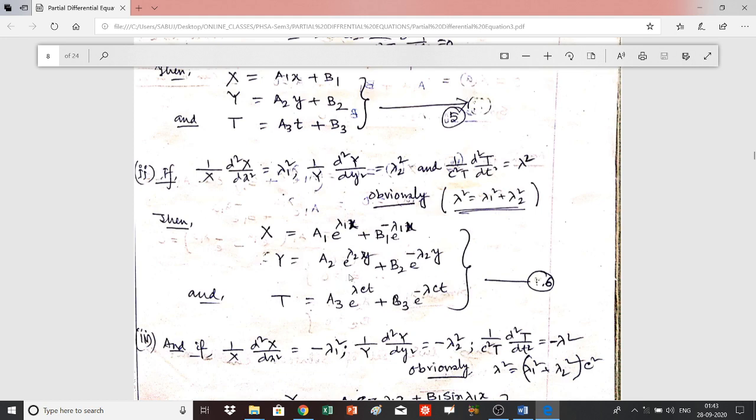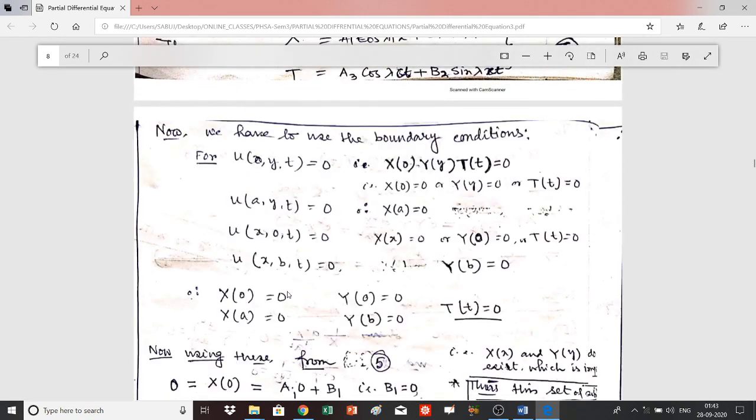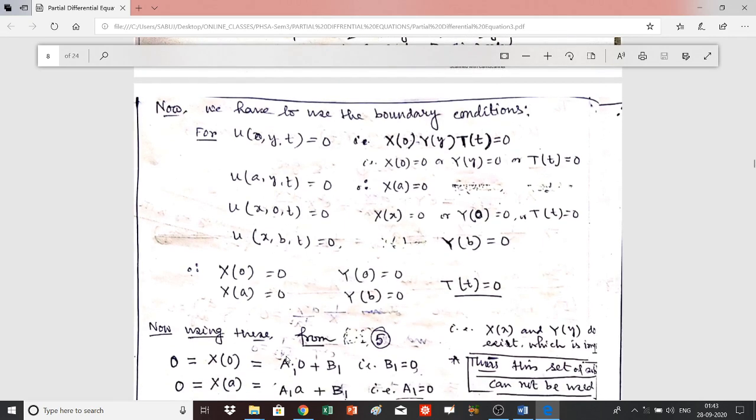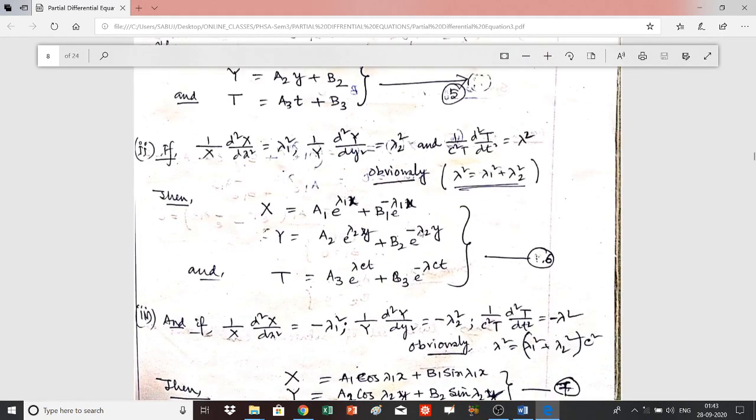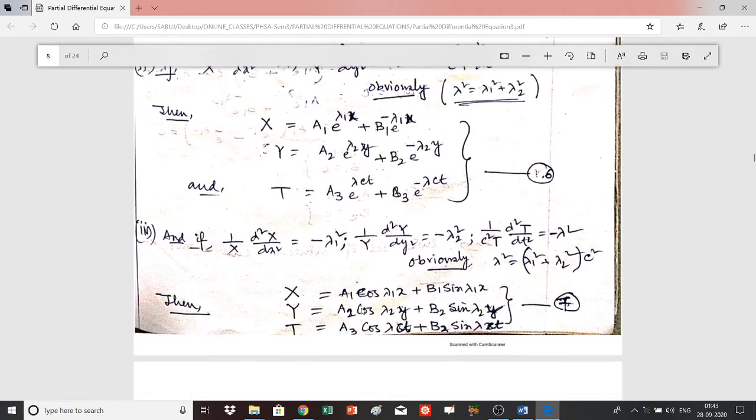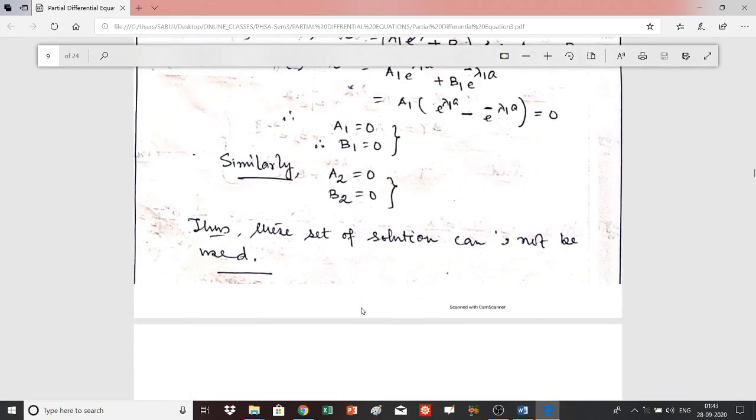You can also prove it in a similar way that I have done in these cases. So the second series of solution cannot be possible also. The remaining solutions are these.